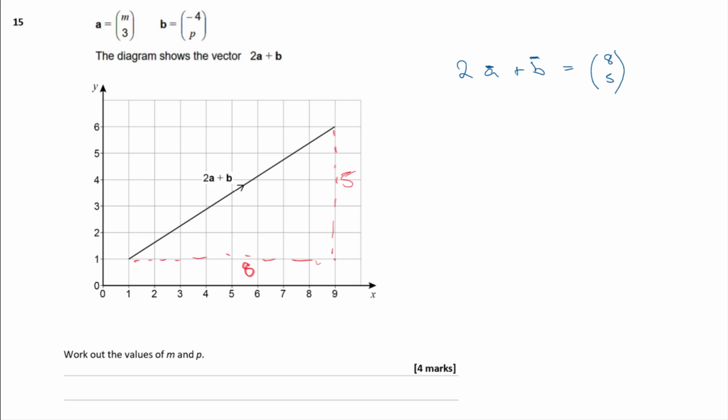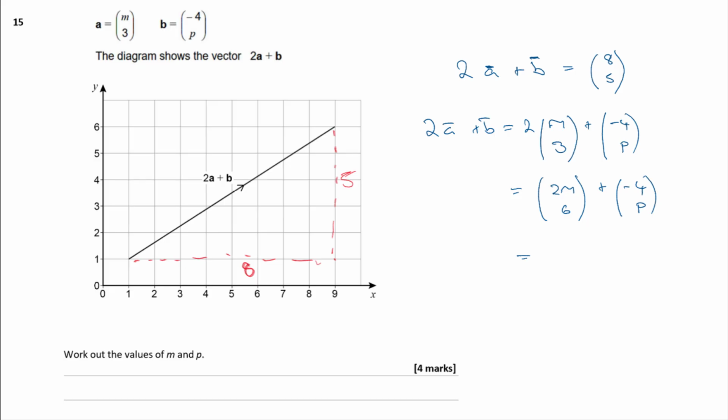But 2a plus b is also 2 lots of m, 3 plus minus 4, p. Okay, so working that out, that's going to be 2m and 6, just multiplying that factor up, plus minus 4 and p.